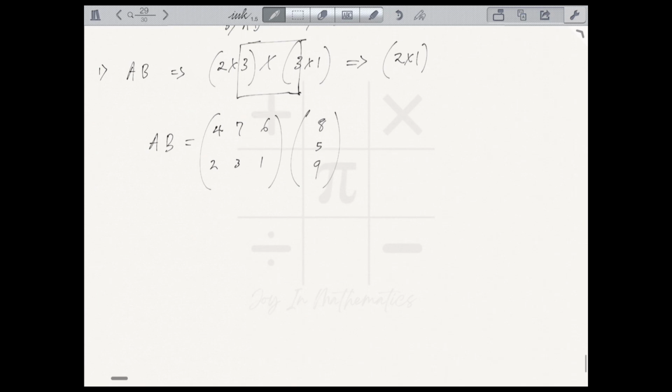Let's make space for this. That means we have 2 rows and 1 column. For the first row, we'll be evaluating row 1 multiplied by the column, and the second will be row 2 multiplied by the column.